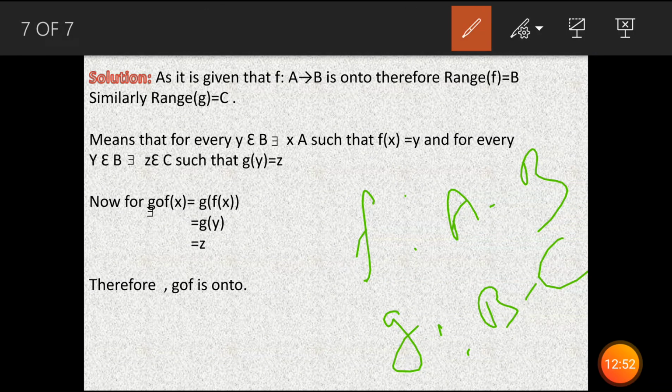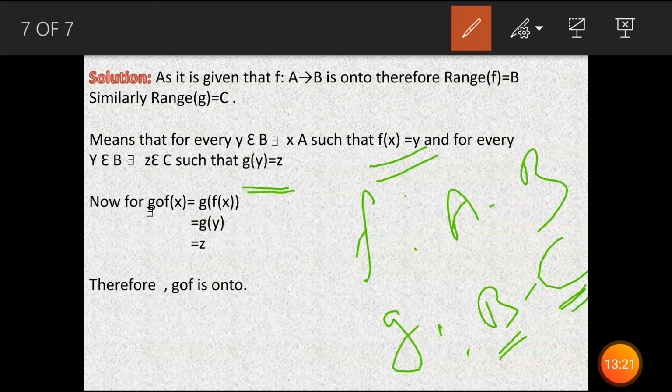As f is onto, we choose some element in B, suppose y, then there exists an element x in A such that f(x) equals y. Now g is also onto, so if we take any element z in C, there exists an element y in B such that g(y) equals z.